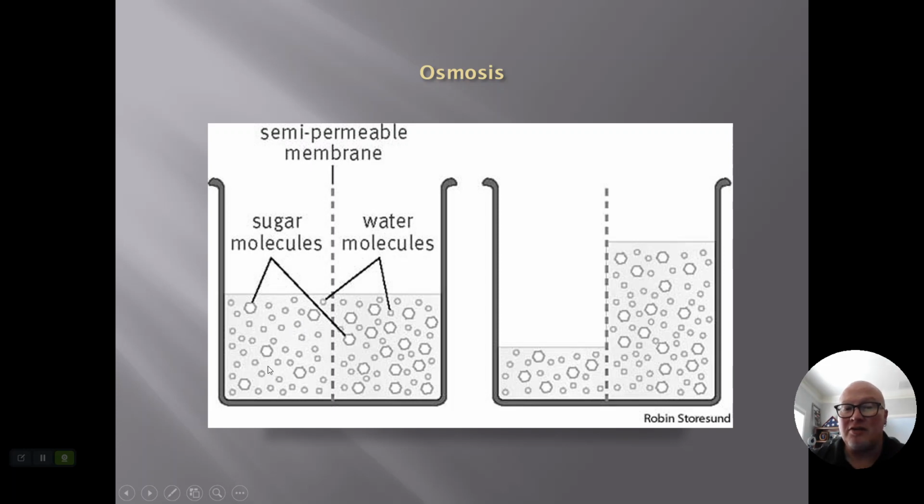Well, if you look here on this side, the left, you'll see that there's more water molecules here than there are on the right-hand side of this membrane. So these water molecules are going to move across this membrane, and so what you'll end up with is what you see here on the right-hand side, so that you have an equal concentration of water molecules on both sides of the membrane. But what that causes is this side then rises and this side drops.